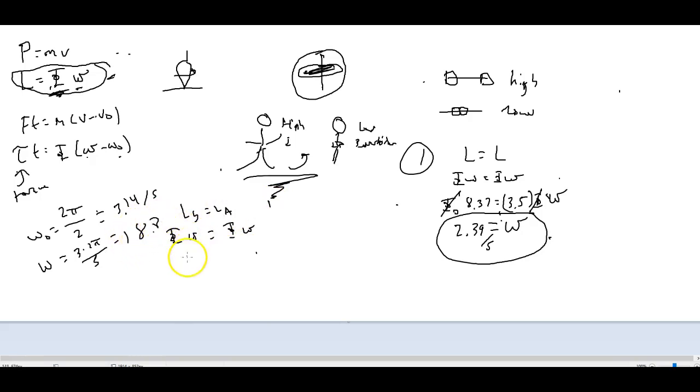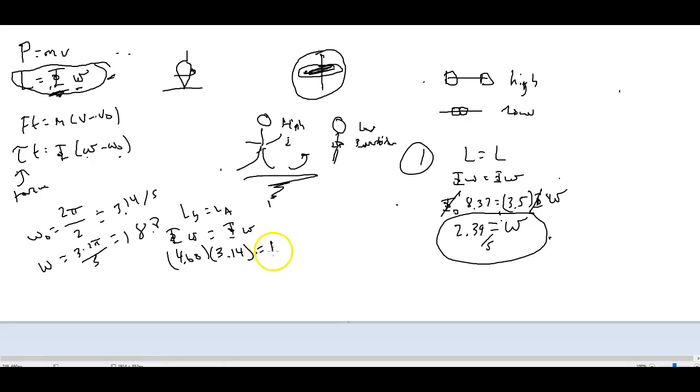18.8. Okay, and so my inertia initially, it says in the problem, is 4.60 times omega, which is 3.14.